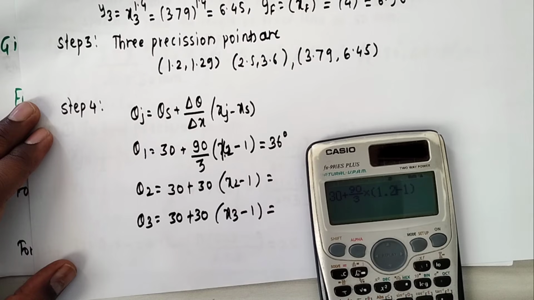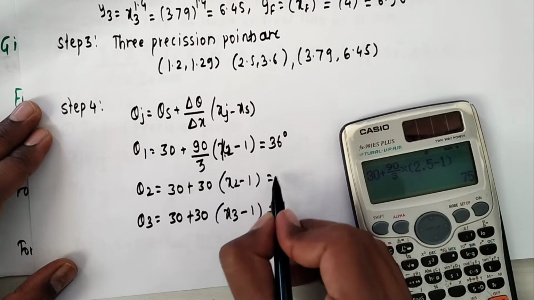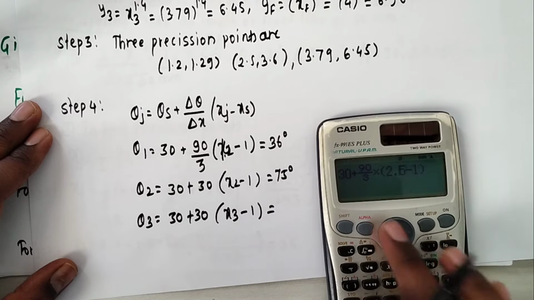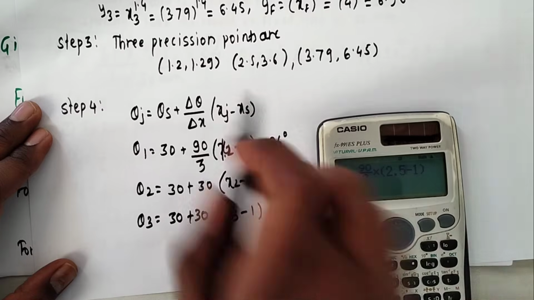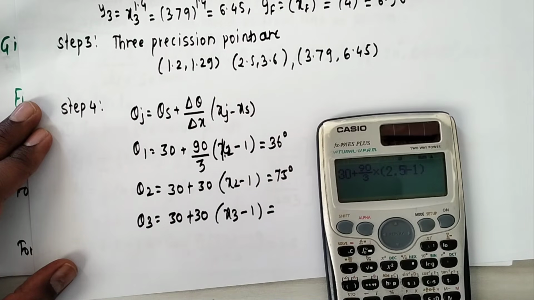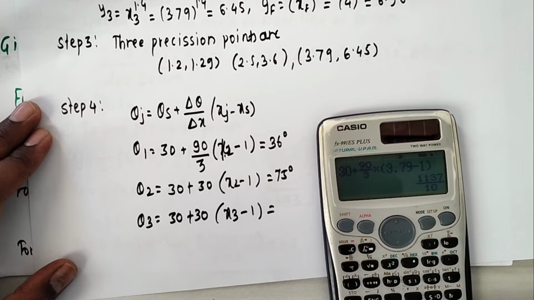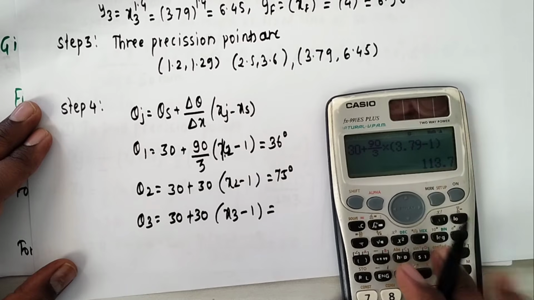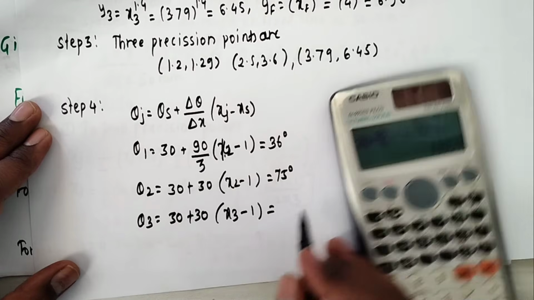So it is 75 degrees. And x3 we check, x3 is 3.79. It is 113, theta 3 value, 113.7.